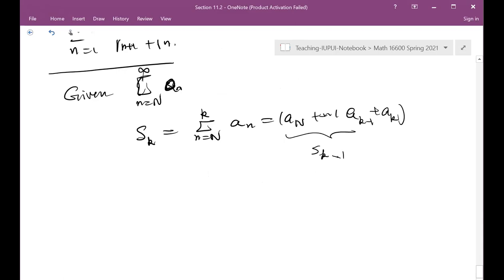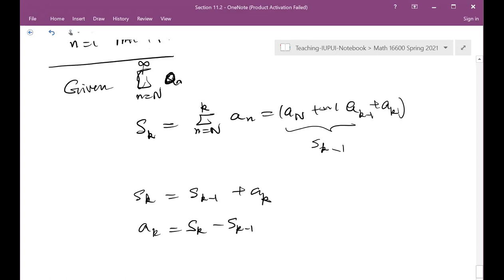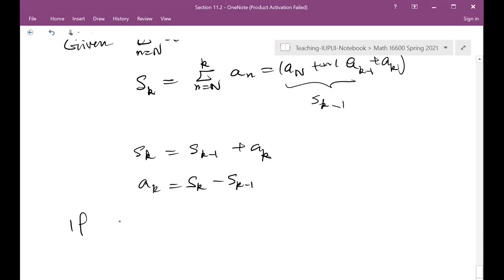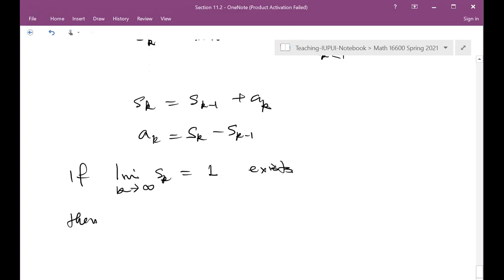So in other words, I can express a_k as S_k minus S_(k-1). Now, if the limit as k goes to infinity of S_k equals L exists, what can you conclude?